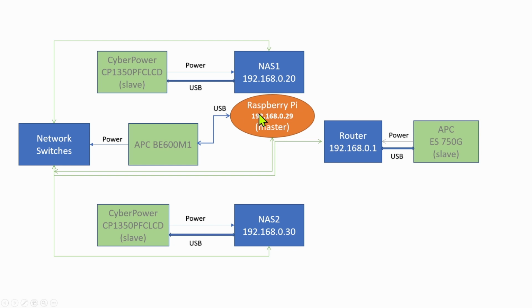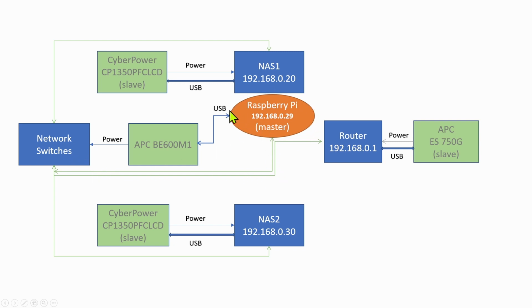As I told you in my second screen, the IP address 192.168.0.29 is where we saw the NUT UI, network interface, right? So this acts like a master connected via USB to the UPS, and also connected to the network via the network cable.